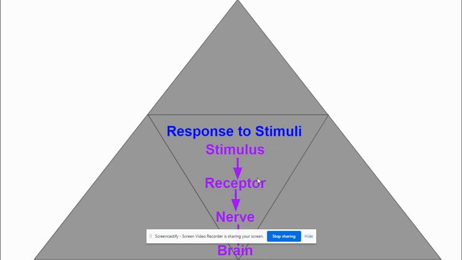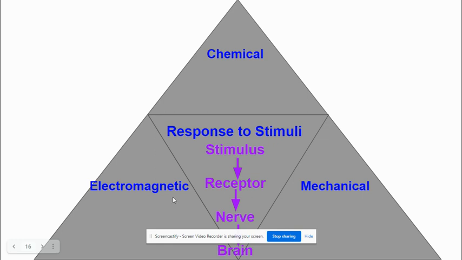The receptor picks up that stimulus, and the receptor is activated. And once it is activated, it's going to send a message through a nerve, and that message will eventually get to the brain, where the brain can process it. And we spent some time talking about that processing, and we'll spend a little bit more time talking about it. But for today, let's focus on this stimulus and receptor part.